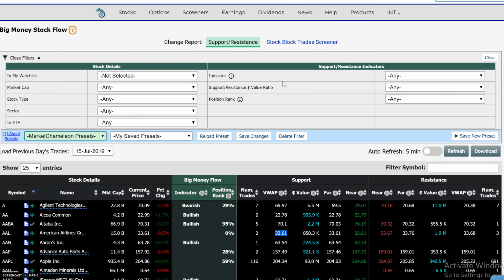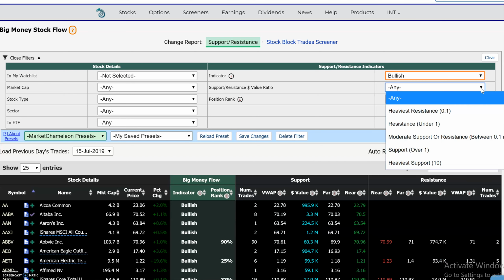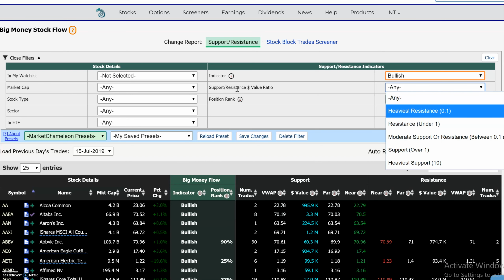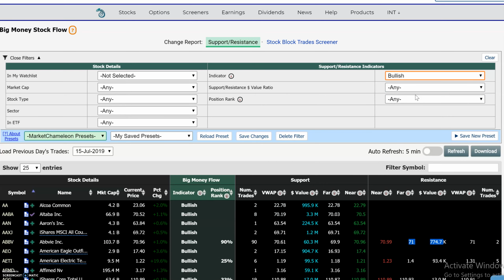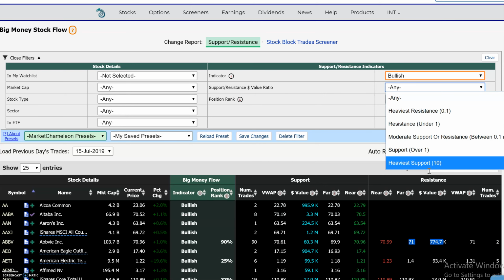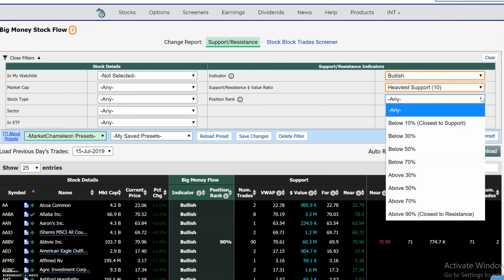Now, if you go over here and just want to look at only bullish, you can also see the support versus resistance ratio. If you want it to be very high, you can do that as well. The position rank, you can filter as well.